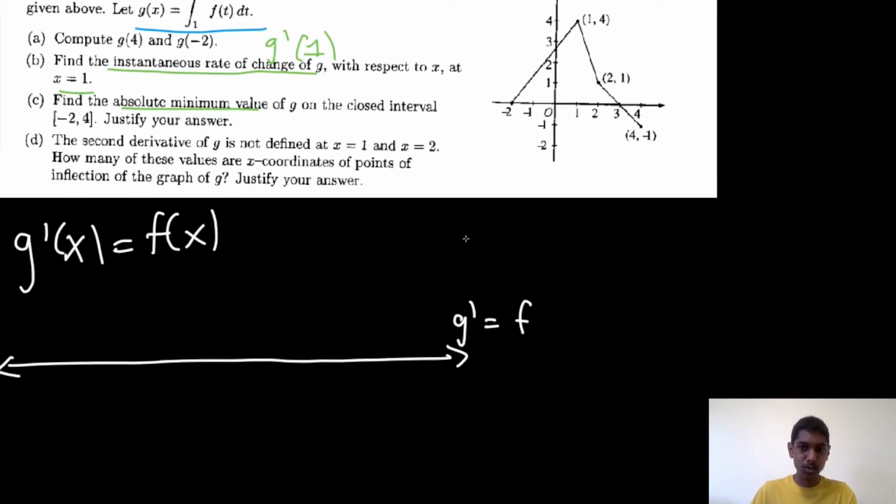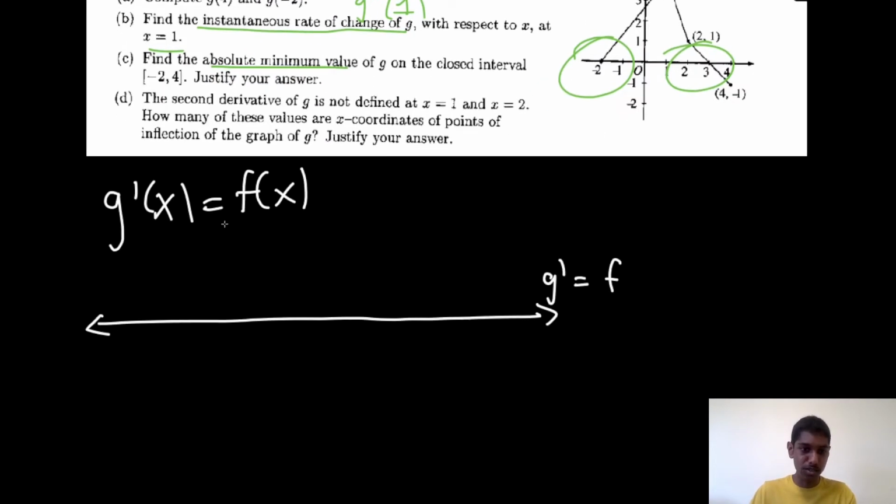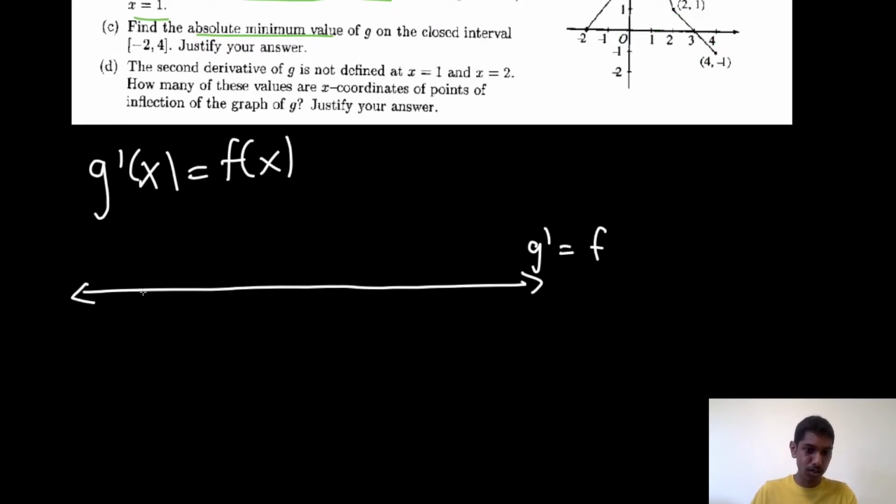And so that means that when we draw a sign chart for g prime, it's the same thing as f. And so f crosses the x-axis in only 2 places, right? At minus 2 and 3. So we draw those here, so minus 2 and 3. And then we've also got to include the endpoint on our sign chart, which is 4.